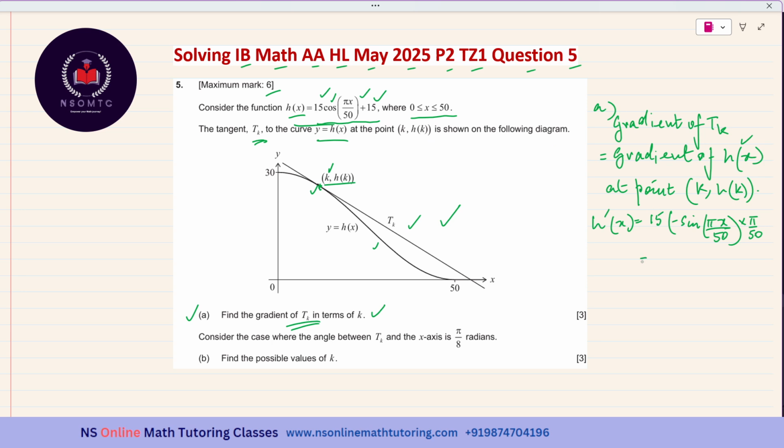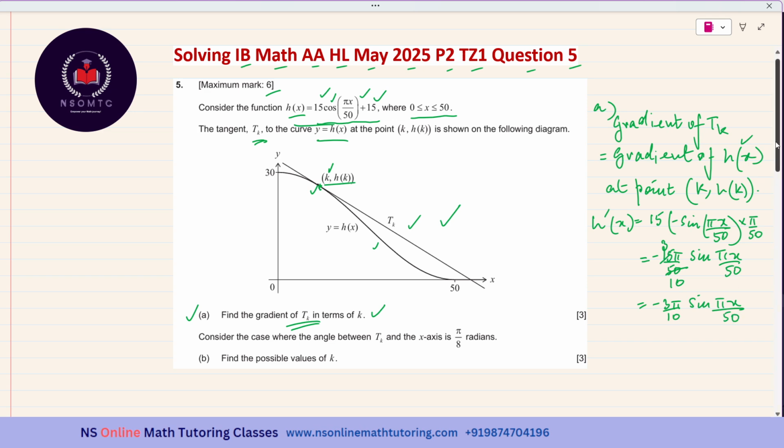So this is equal to negative 15 pi over 50 sin pi x over 50, and let us divide both the numerator and the denominator by 5, so it will be 3 and 10. So it is negative 3 pi over 10 sin pi x over 50.